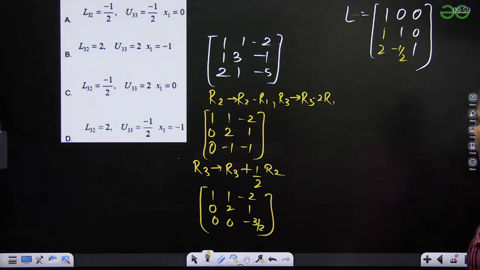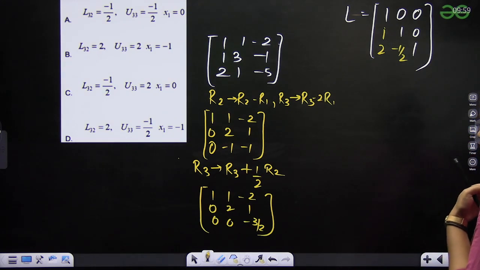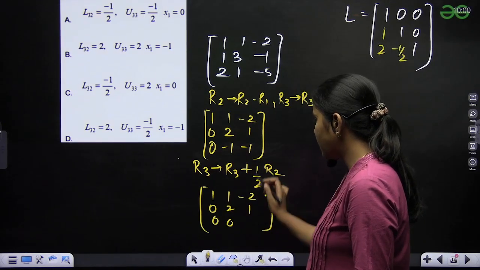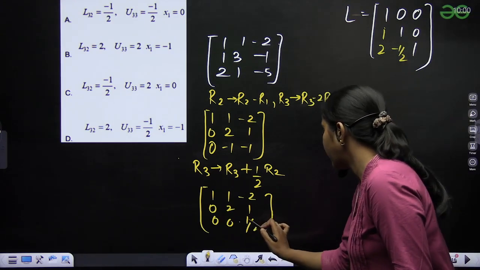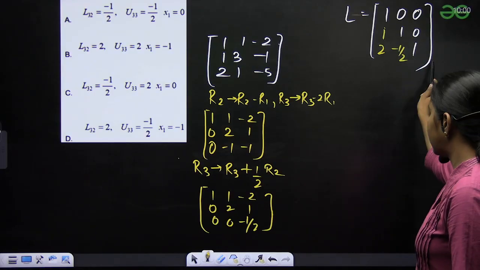Minus 5 plus 4 gives me minus 1. Here the calculation has an error. What would happen? Minus 1 plus 1 by 2 gives me minus 1 by 2. I was just multiplying this last row with this one.